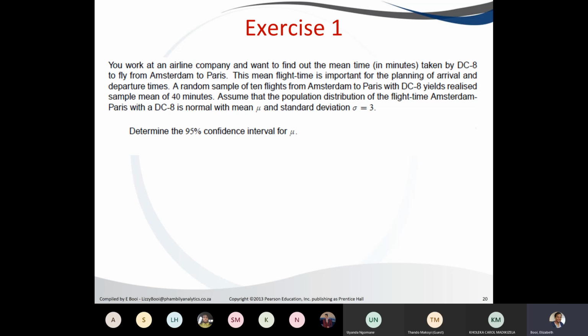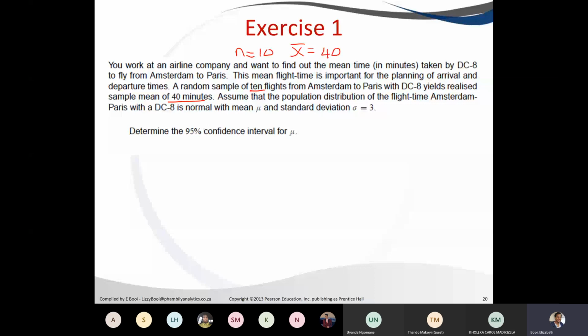A random sample of 10 flights, so our n in this instance is 10, from Amsterdam to Paris yields a sample mean of 40 minutes. So our x bar is 40 minutes.